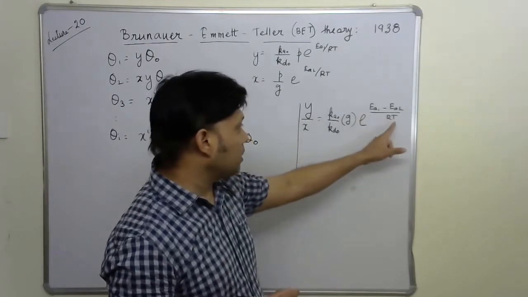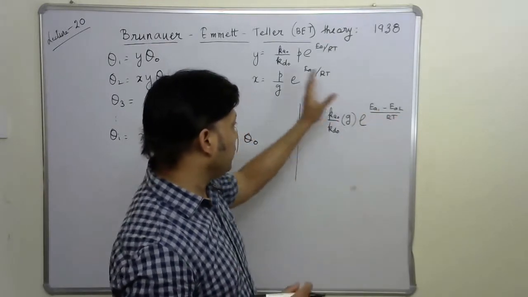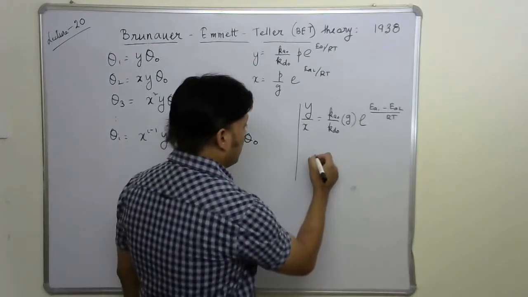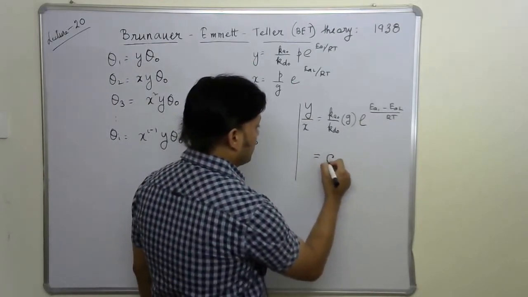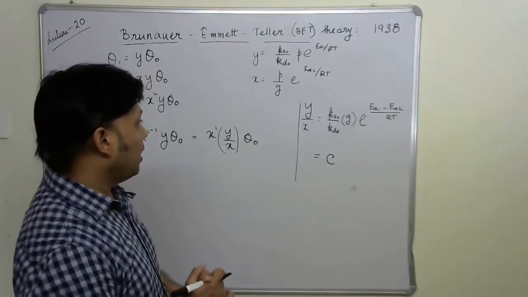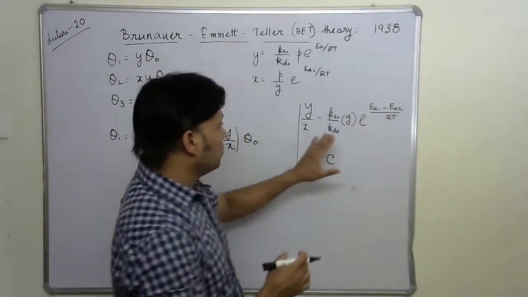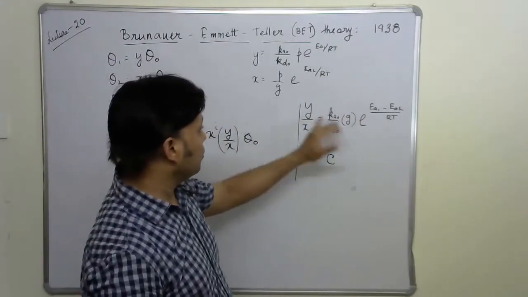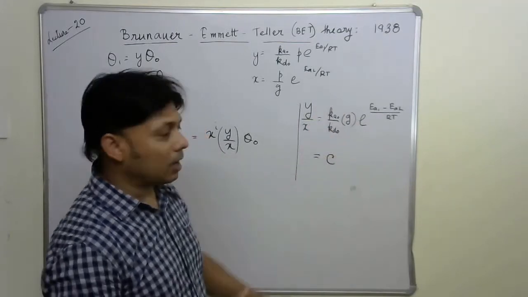And at a particular temperature, this overall expression is constant. So therefore, this constant is denoted as C, uppercase C. And this is a dimensionless quantity. You see, e to the power something is dimensionless. If you can also recollect, G is dimensionless and this is dimensionless.